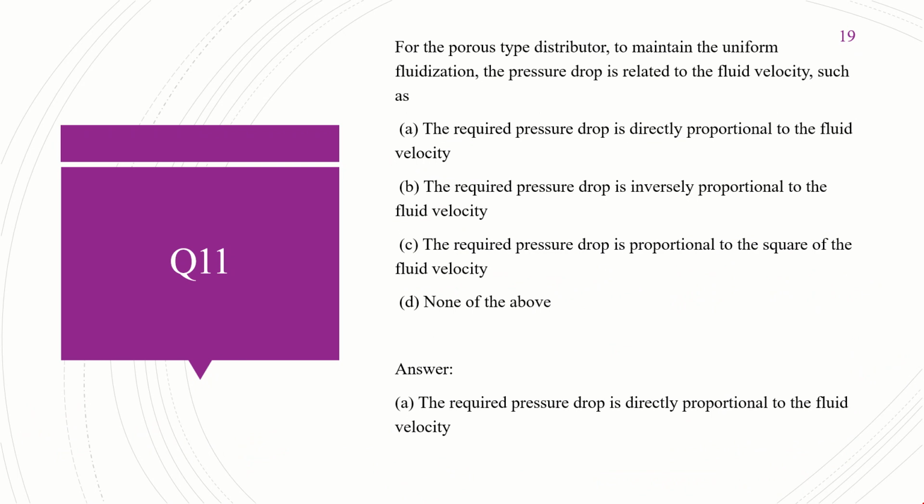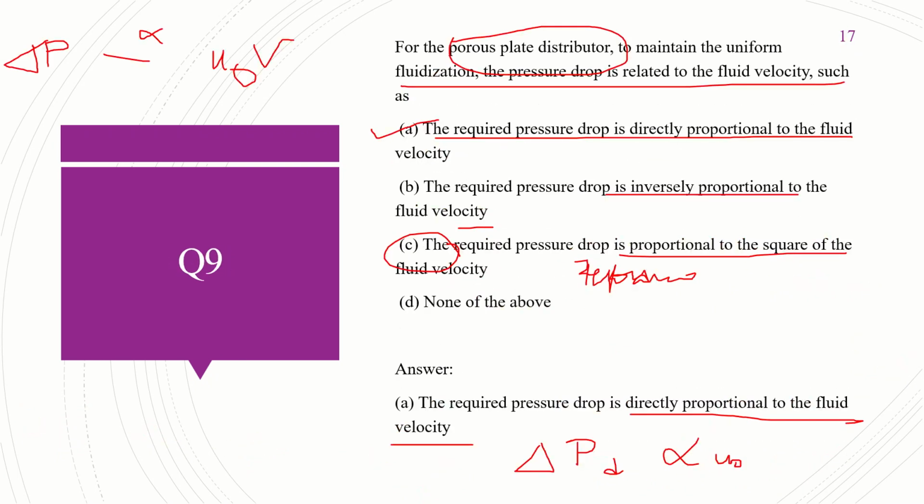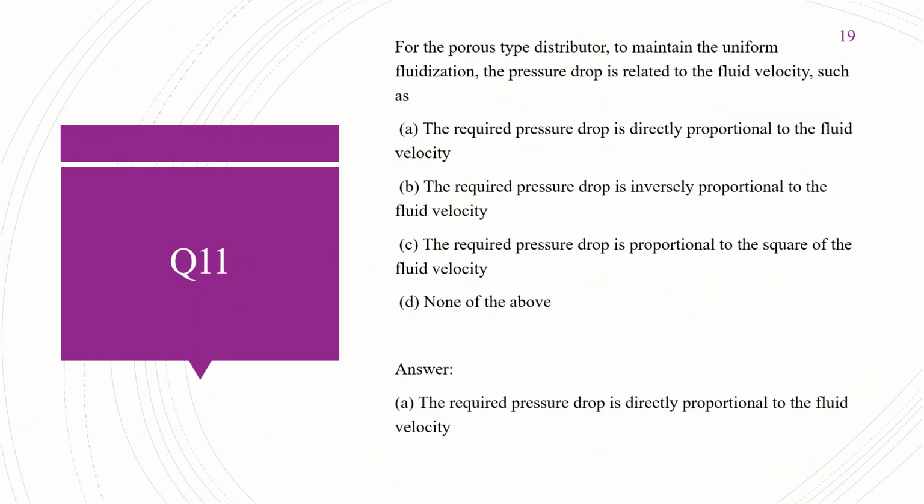For the porous plate, okay, actually it is a similar question. For the porous plate distributor, to maintain the uniform fluidization, the pressure drop is related to the fluid velocity as: directly proportional to the fluid velocity, inversely proportional to the fluid velocity, proportional to the square of the fluid velocity.